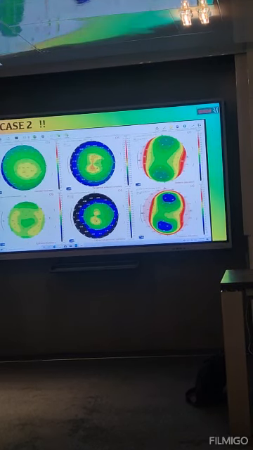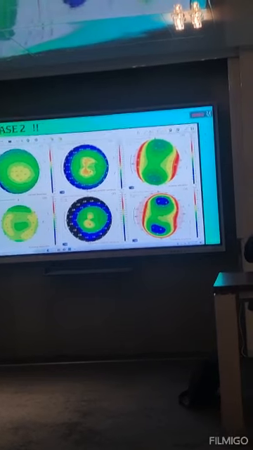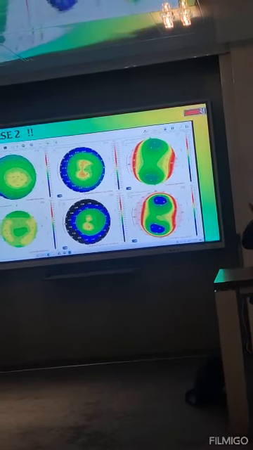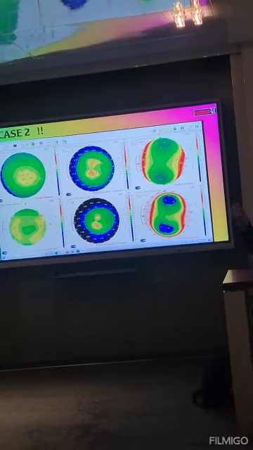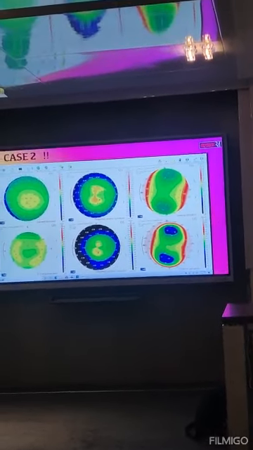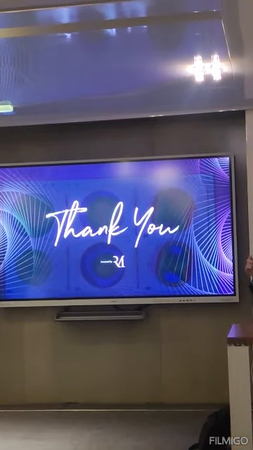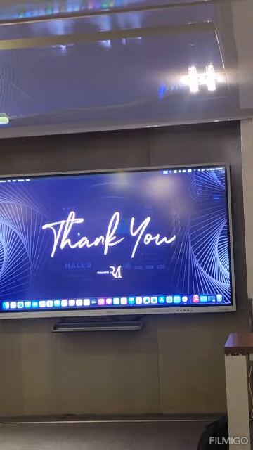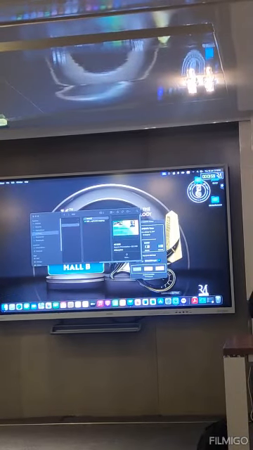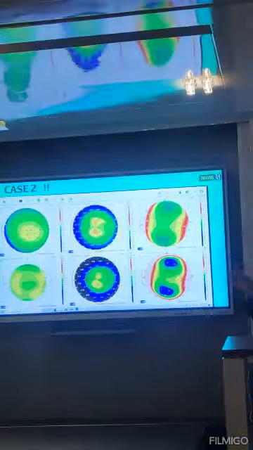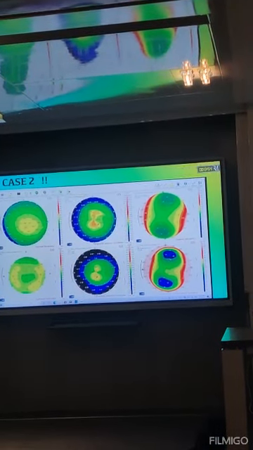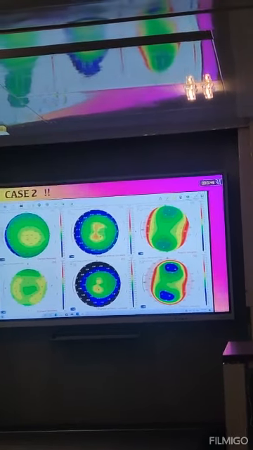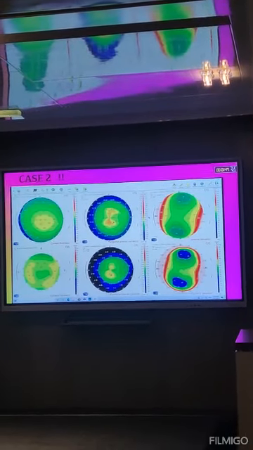But in the CSO, the system is different because it depends on the best fit aspheric. So this tongue-like extension is an indicator of asymmetry on the posterior surface. So yes, I can consider it. I have a comment on this. This is a personal finding, but take it into consideration.